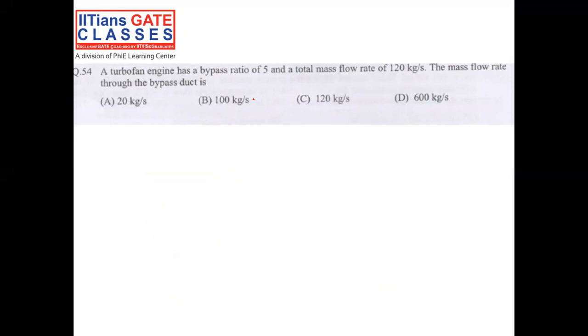Next question. A turbofan engine has a bypass ratio of 5 and a total mass flow rate of 120 kg per second. Find the mass flow rate through the bypass duct. Okay.